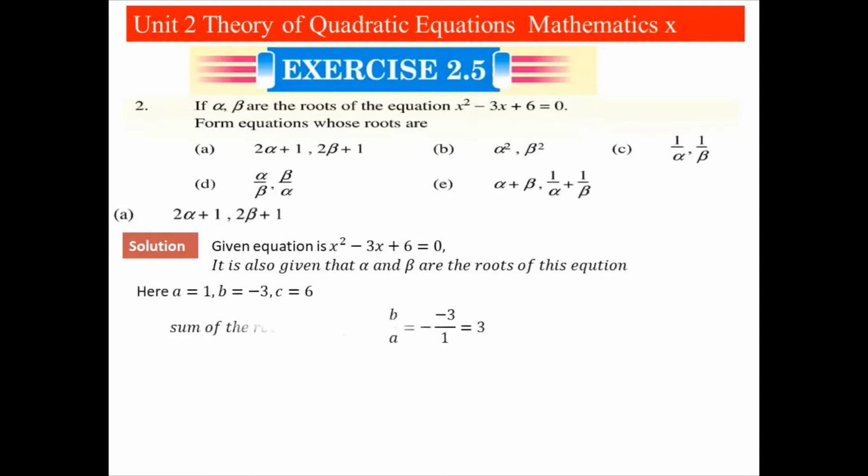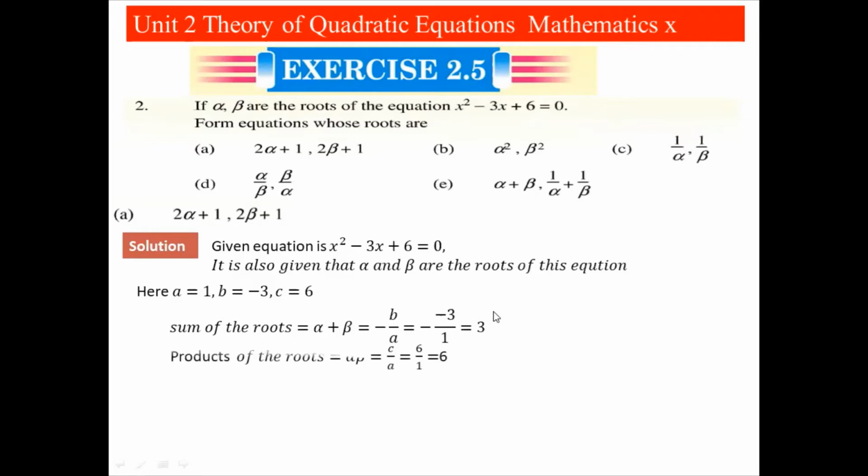So here from the given equation, we have a is equal to 1, b is equal to minus 3 and c is equal to 6. Now we know that the sum of the roots alpha plus beta is equal to minus b by a. By replacing the values of b and a, we have 3. So the sum of the roots alpha plus beta is equal to 3.